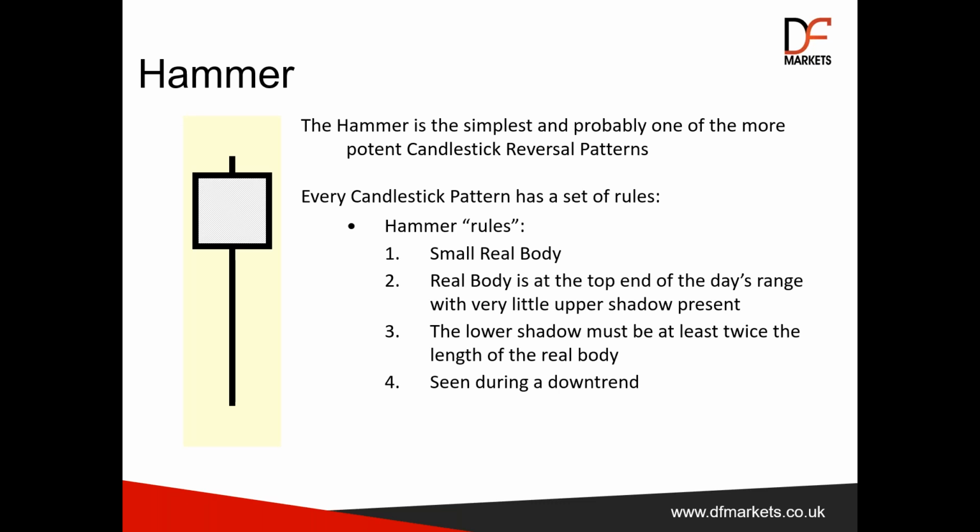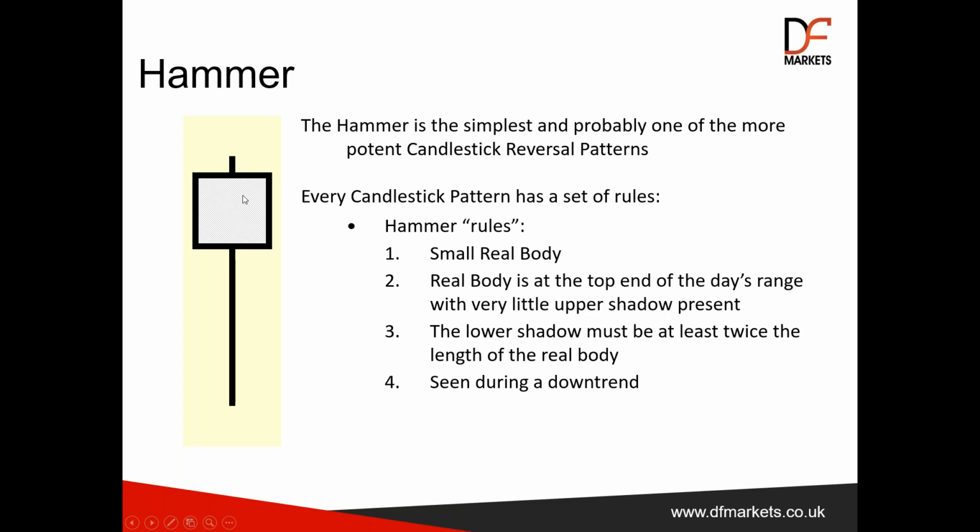And every candlestick has a set of rules, and with respect to the hammer, here are the rules. A hammer has a small real body, so it's almost doji-like anyway. That is grey because it doesn't matter about the colour, and we'll look at that a little bit later. For a hammer, the real body is at the top end of the day's range, which means there's very little or maybe even no upper shadow.